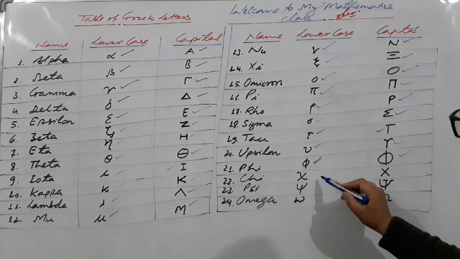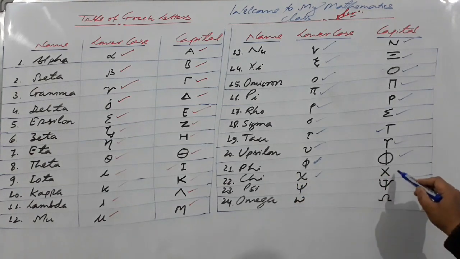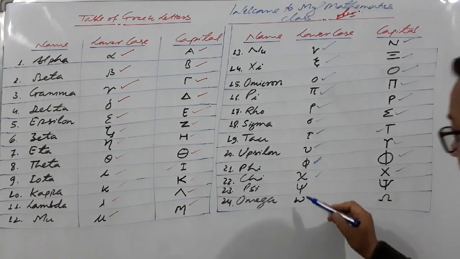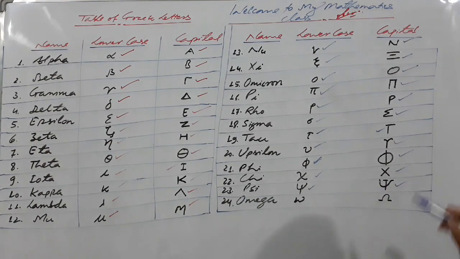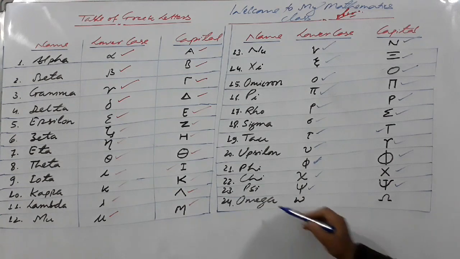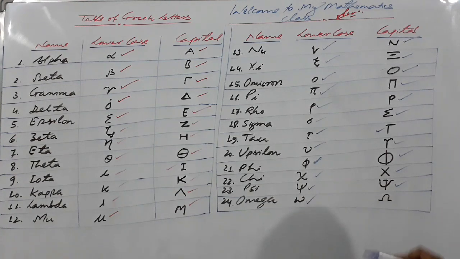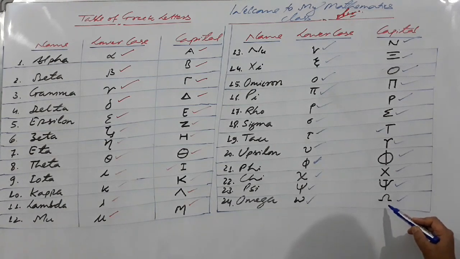And then chi, and psi, small psi, lowercase and uppercase, and omega, small omega and capital omega. Capital omega we use as the unit of resistance in physics.